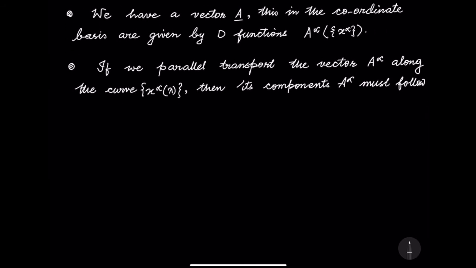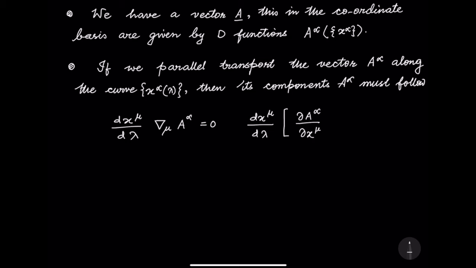So this differential equation is dx mu d lambda, which is the tangent vector to the curve at a point x mu, and then in shorthand, the covariant derivative of A alpha, equals 0, which one can also write in full notation as dx mu d lambda times the covariant derivative, which is the partial derivative, the usual analysis derivative, plus the connection term, equals 0.